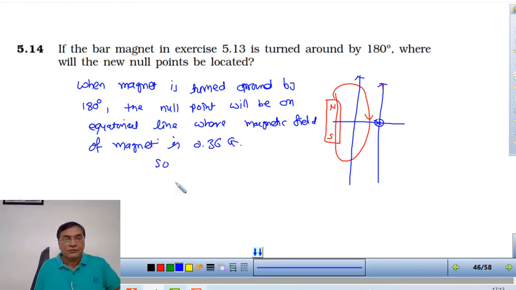So BE is equal to mu 0 upon 4 pi, m upon d cube.